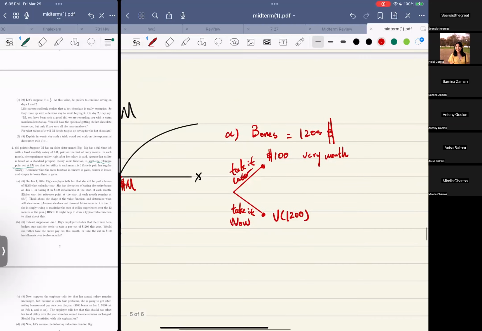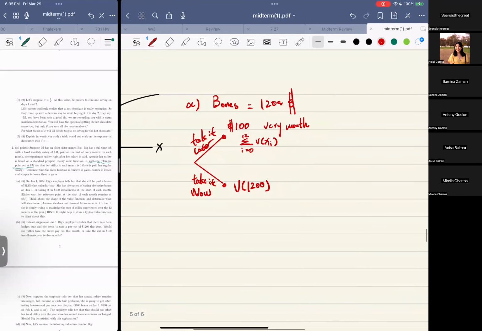Your value function will equal the sum of i equals 0 to 12 of value of x_i, which is 12 times V of 100.